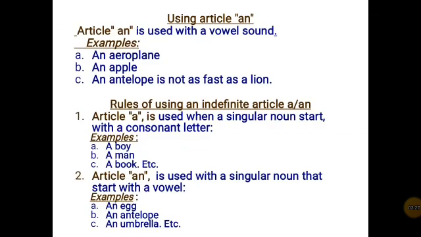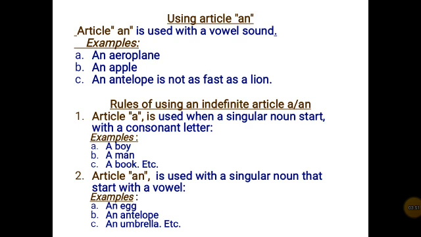Now, on our next slide, we have how to use article an as an indefinite article. Article an is used with a vowel sound or letter. Examples: an aeroplane. And don't let us forget that in English language we have 5 vowel letters.